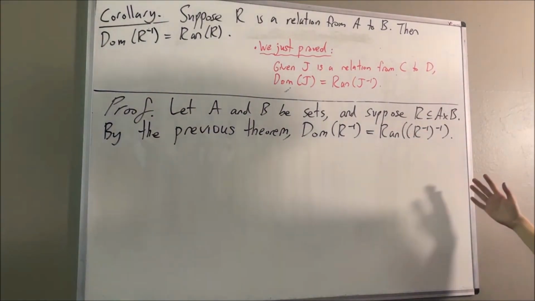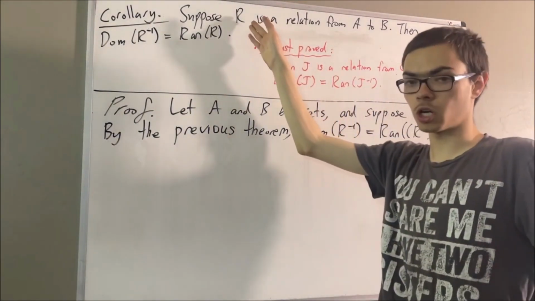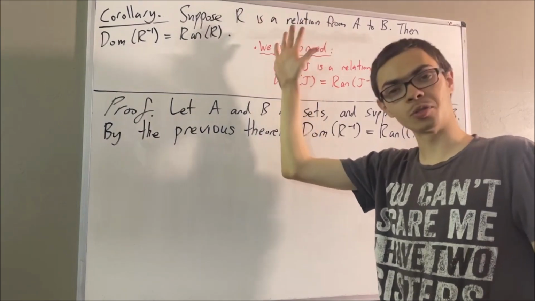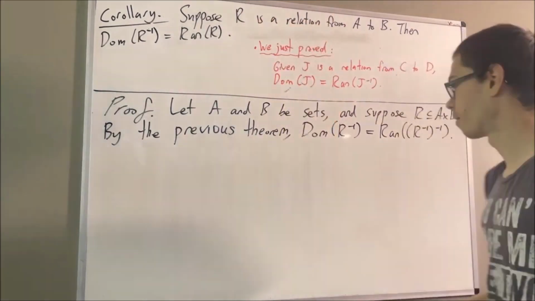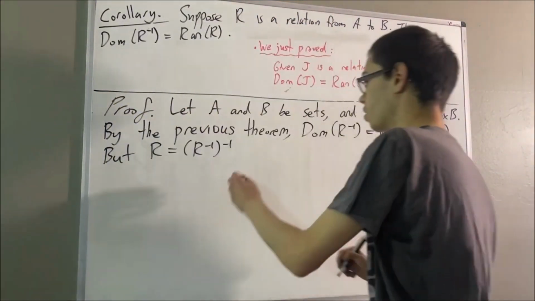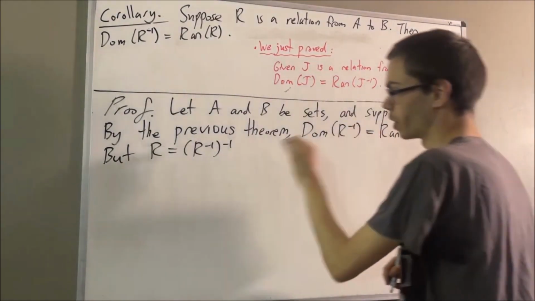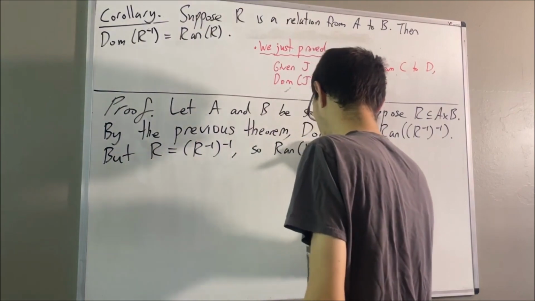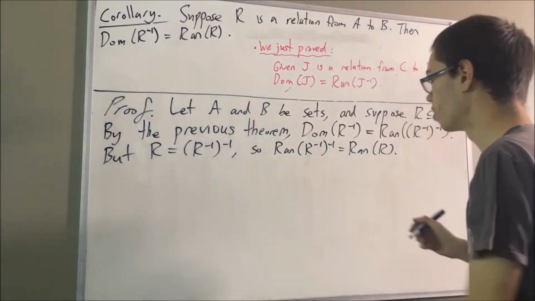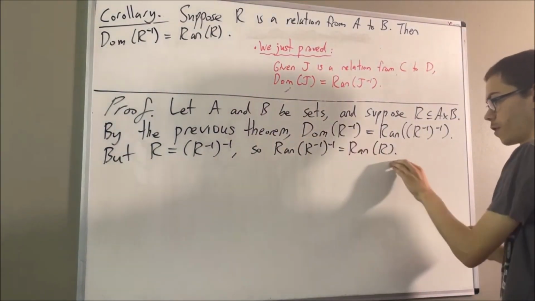But if you recall, given any relation R, R is equal to the inverse of the inverse of R. So really, the range of R inverse inverse is equal to the range of R. So the domain of R inverse is equal to the range of R.